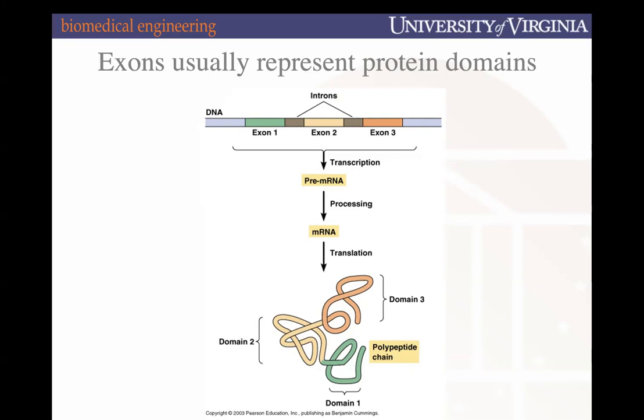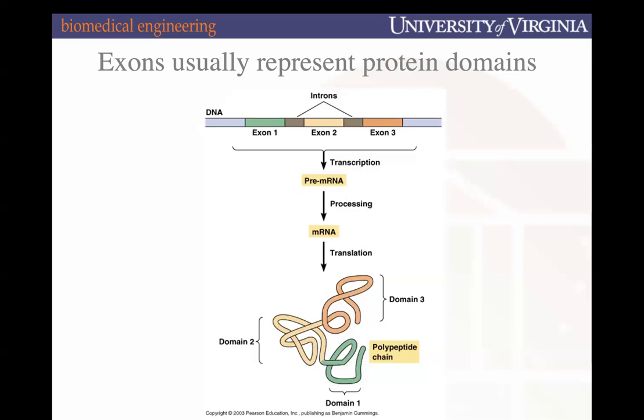Typically, certain regions of exons or combinations of exons will encode for certain parts of a protein. Whenever we talk about specific units or subunits of a protein, they typically encode for one or a few exons adjacent to each other. So there might be one exon that encodes for the catalytic domain of an enzyme, and then exons 2 and 3 might encode for the regulatory or allosteric subunit.